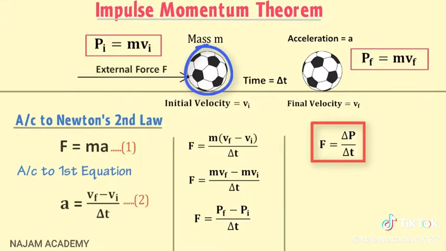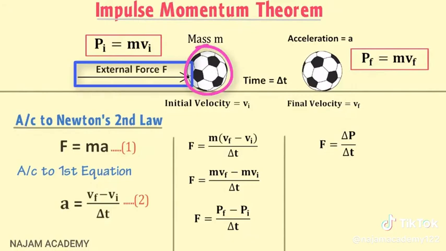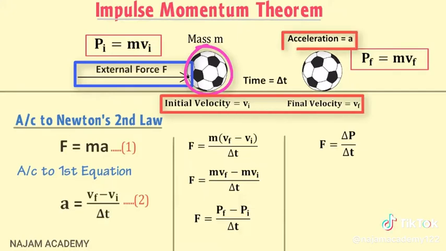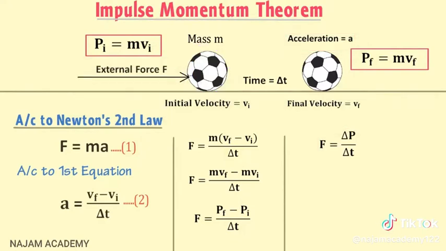Or we get another definition of force, which is force acting on a body doesn't only change velocity or produce acceleration in a body, force also changes momentum of the body. Now, if I shift time t to the left hand side, it will become F into t is equal to change in momentum.